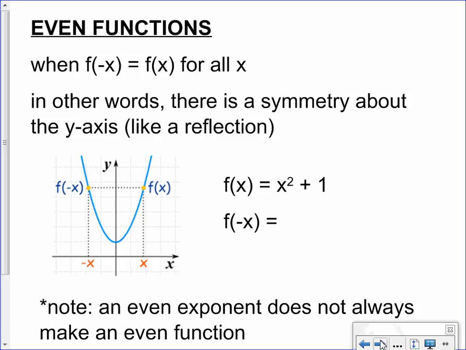If you do the negative x of that, that would be negative x squared plus 1, which brings you back to x squared plus 1. However, just because it's an even exponent or an even degree, it does not necessarily mean that it's an even function.